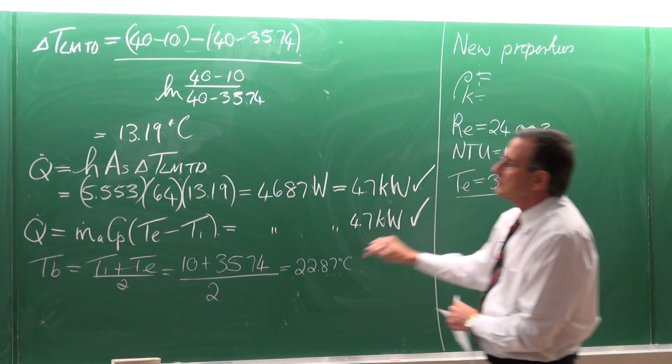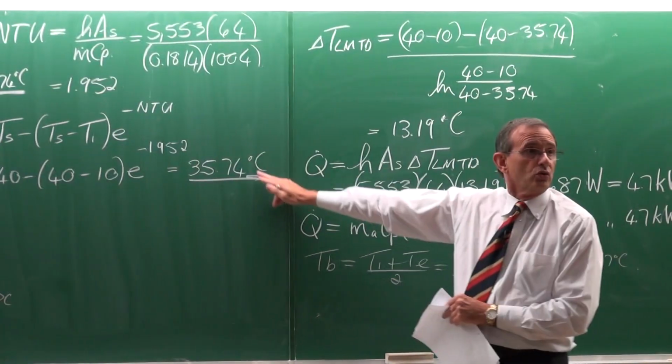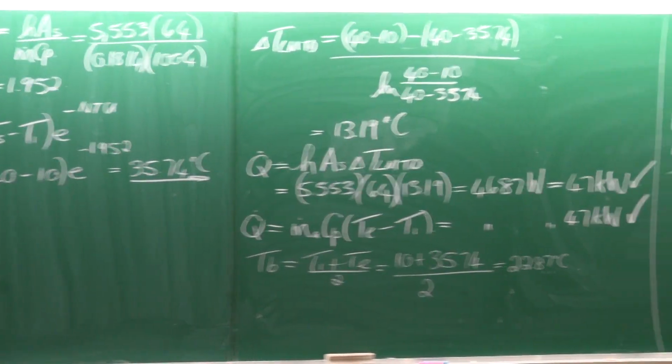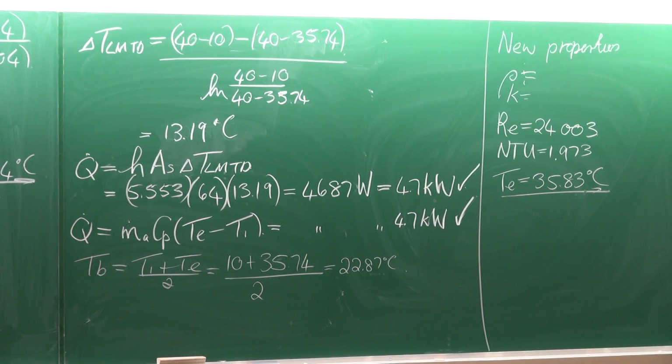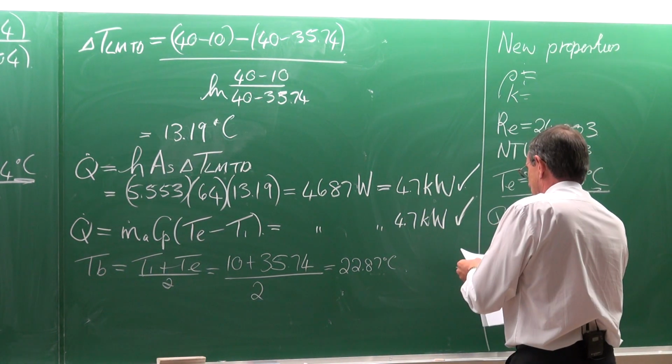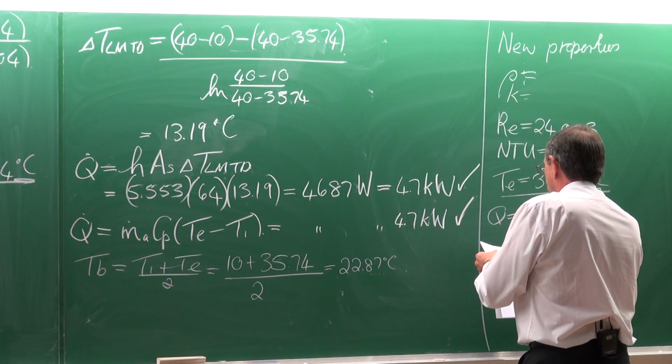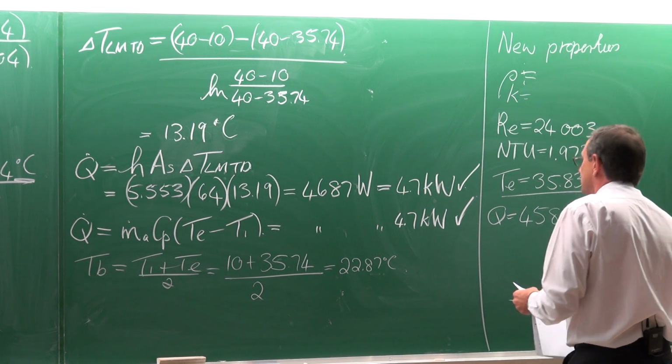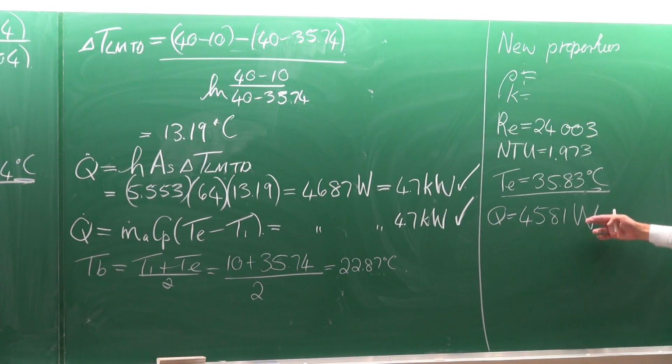Previously we said 35.74. Now we redid all the calculations and we get 35.83. It's a small change. The heat transfer rate, go and calculate it, is equal to 4,581 watts. 4.6 kilowatts, 4.7 kilowatts. It's the same answer.